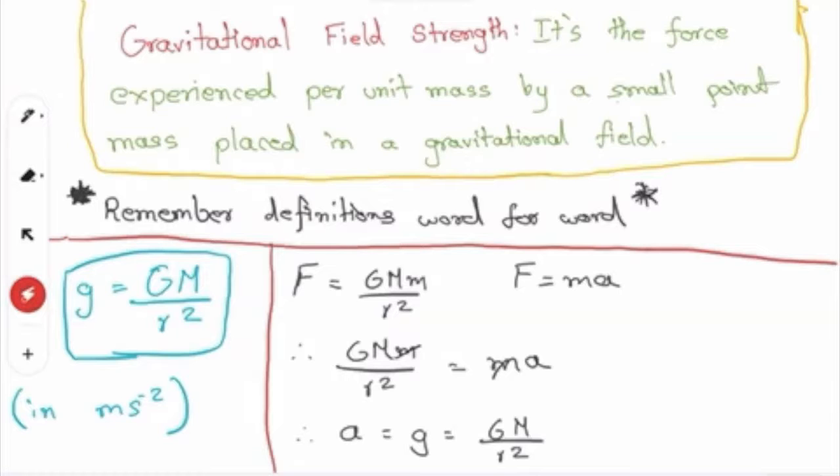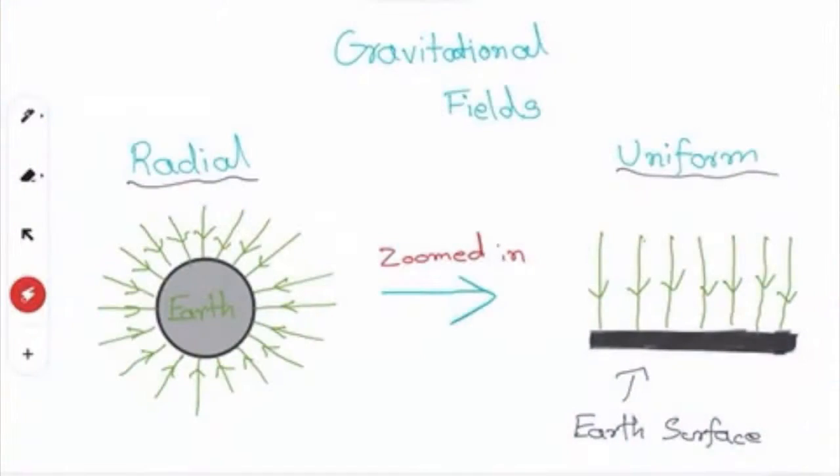And we get this by equating the formula for the gravitational force to this formula, and we cancel out mass, and that leaves us with acceleration, which is basically g, and that's GM/r². So that's pretty simple so far.